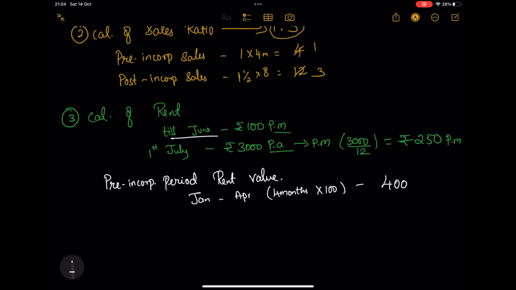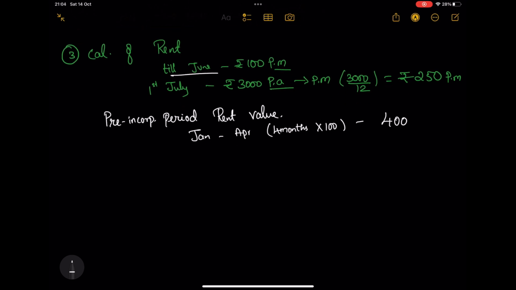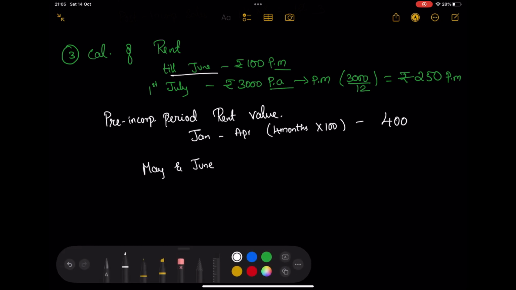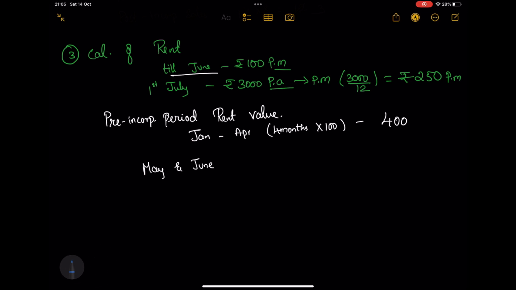Next, from May and June, because till June I have paid 100, one second, I'll clearly write it here. This is pre-incorporation, isn't it? Now I'm calculating post-incorporation rent value.